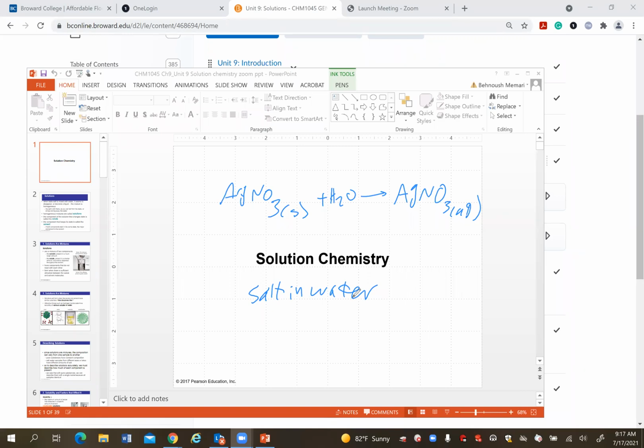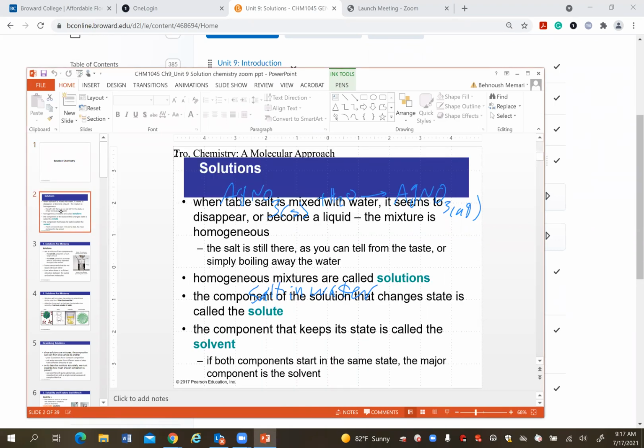A solution could be a solid in solid solution. If you look at any alloys, that is a mixture of two solids, that's also a solution. In general, anything that is a uniform mixture or homogeneous mixture, the other name for a homogeneous mixture is called solution.